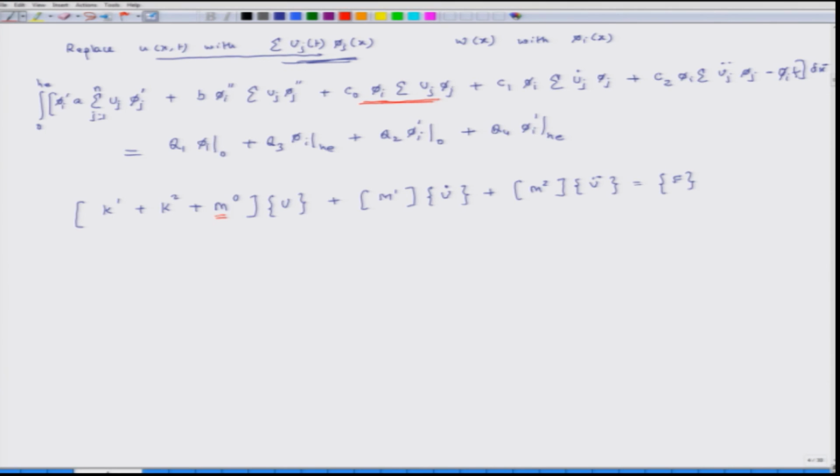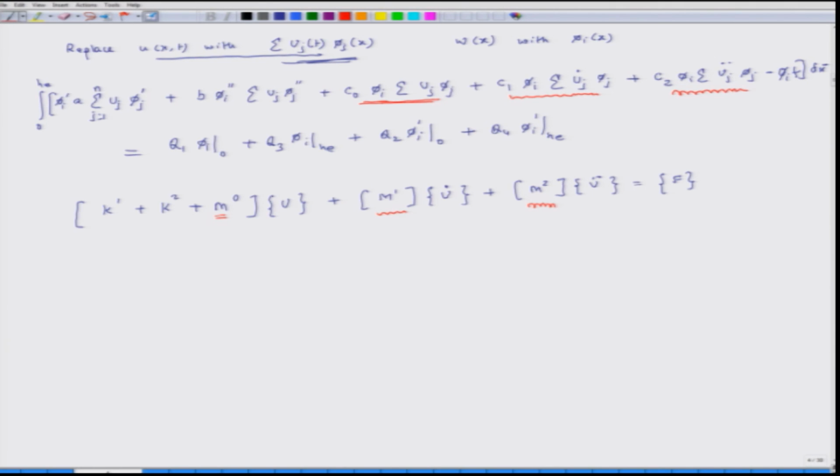If I integrate these terms which are associated with velocity variable u j dot, then I get this m1 matrix. And if I integrate terms related to the second derivative of u, then I get m2.